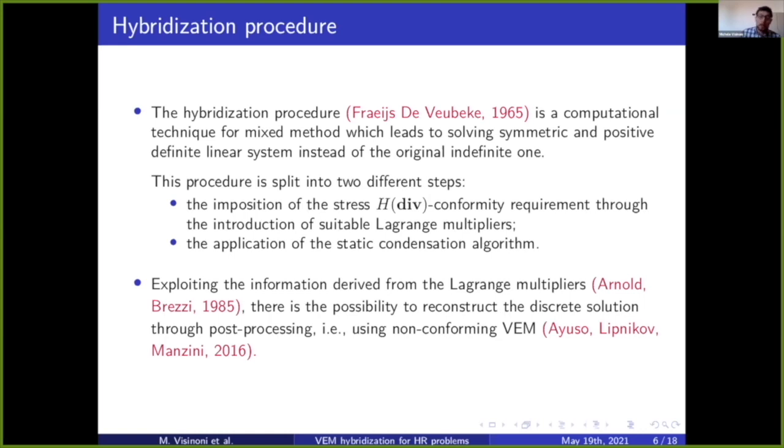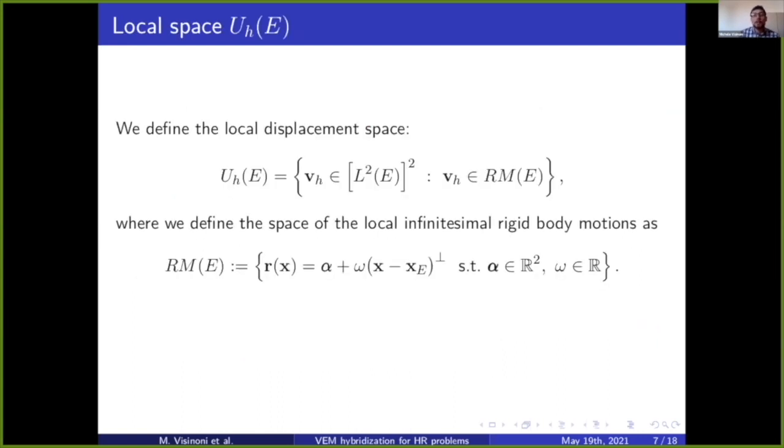Now we move to the spaces and to the discrete problem. The local spaces for the hybridized scheme are the same as the conforming VEM scheme, the standard VEM scheme that we have already seen this morning. For the displacement, this space is a polynomial space, so it's not virtual, and we use rigid body motions.